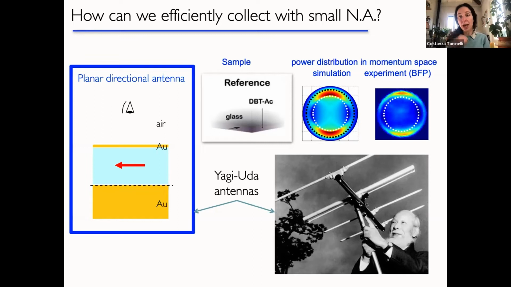We translated this to optical frequencies, which means much smaller distances, and we made it planar, because in this way we could address multiple molecules at the same time on the chip. Moreover, we totally relaxed the accuracy in positioning.